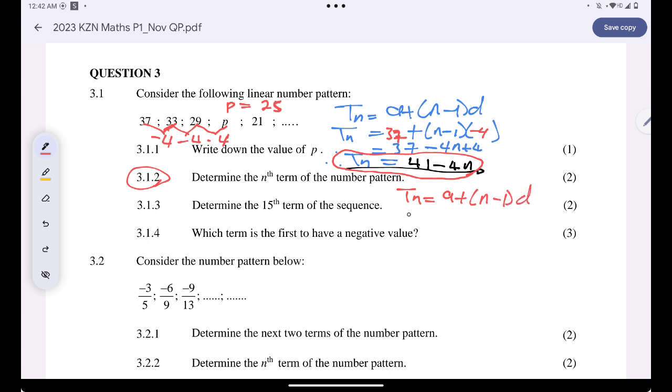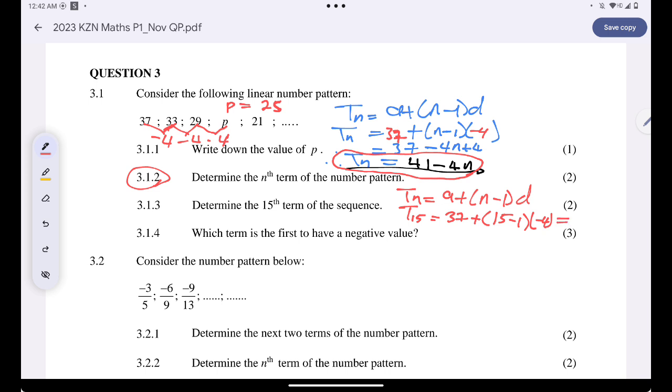Okay, so I want to find T number 15. That means whenever I see n, I'll put a 15 there. All right, together, the value of a, the first term is 37, n is 15 minus 1. The difference is a negative 4.